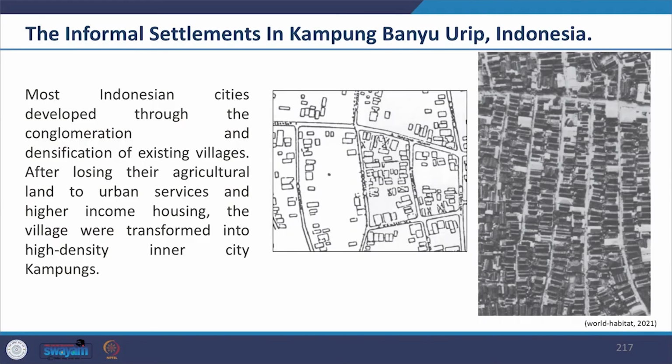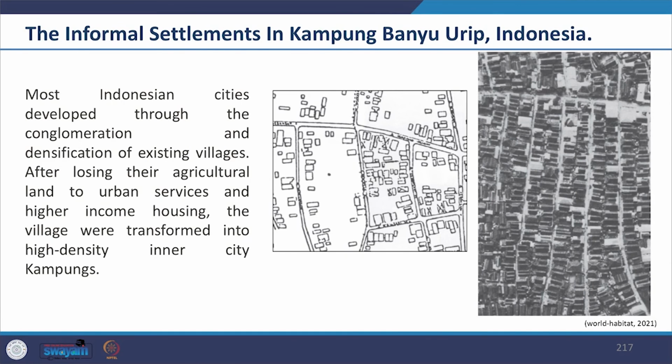So the next case we see is from Indonesia, where you can see a participatory approach was adopted. This is from Kampung, where the informal settlement provides homes for 63% of the population, and this was improved.